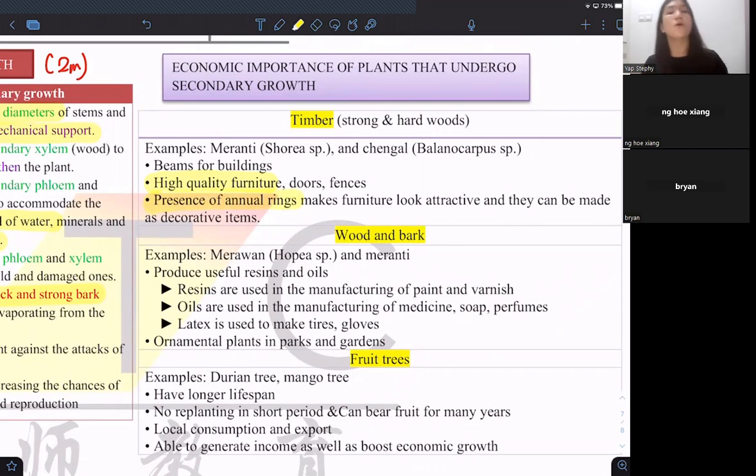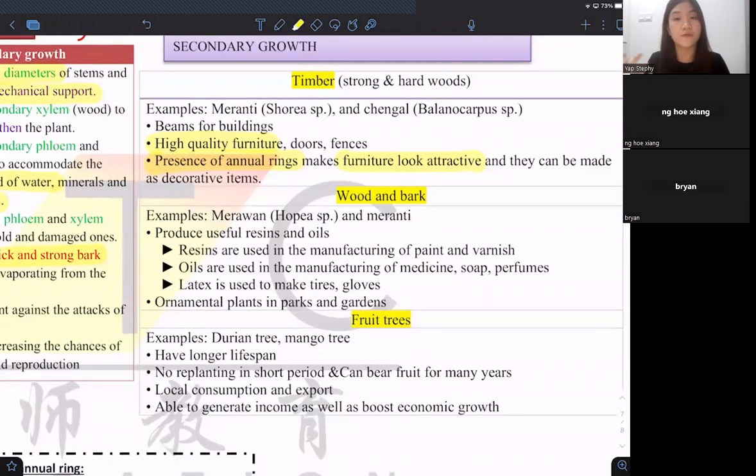I believe you all still know annual rings. You can calculate the age of the tree. For this pattern, it will make the furniture look attractive.